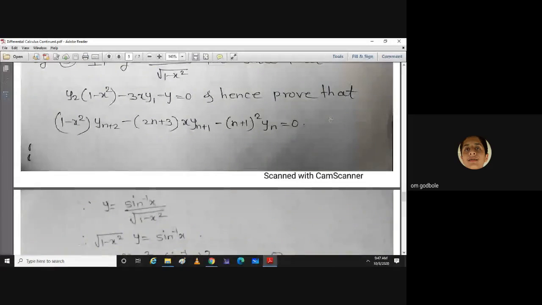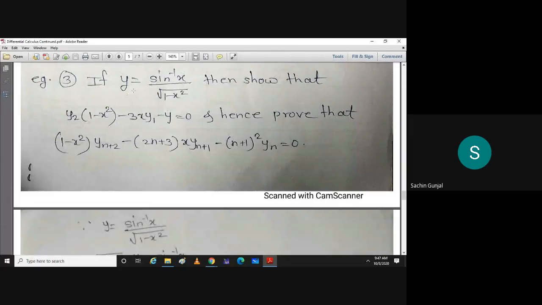Sir, we take y to the other side and find out the nth derivative of both sides. How to take the nth derivative on both sides? Leibniz rule. Okay, where to apply Leibniz theorem?